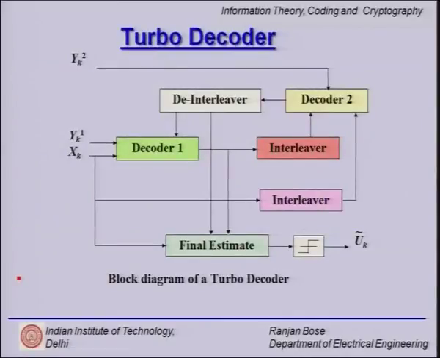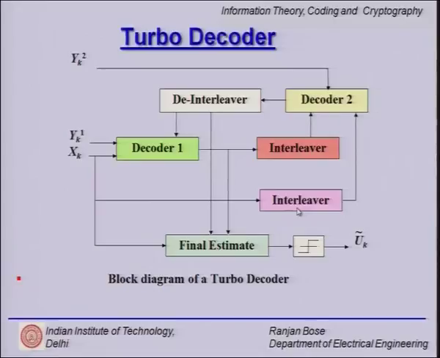So, let us look at the structure of the turbo decoder. All right. So, here if you see, we have the 3 output bits coming into the decoder, and if you look at the various blocks within the decoder, you have a decoder 1, you have a decoder 2, you have an interleaver and also a de-interleaver, and then again there is an interleaver.